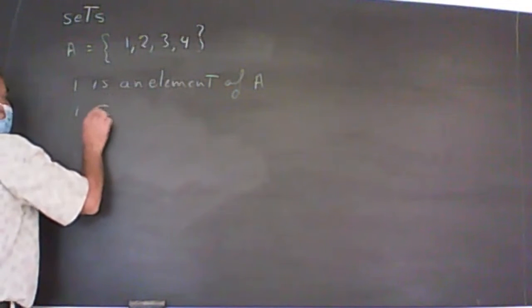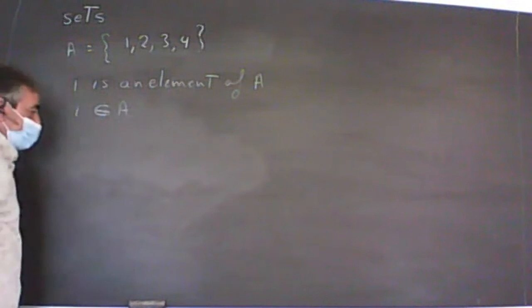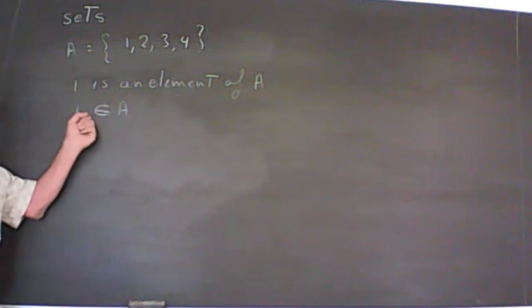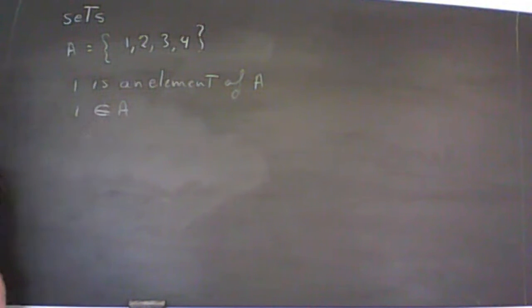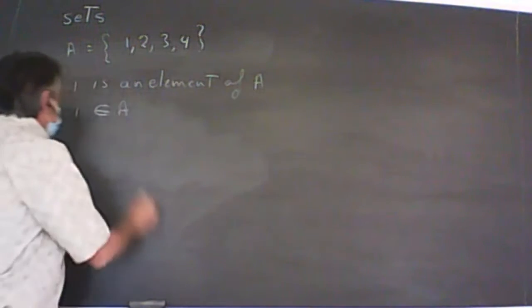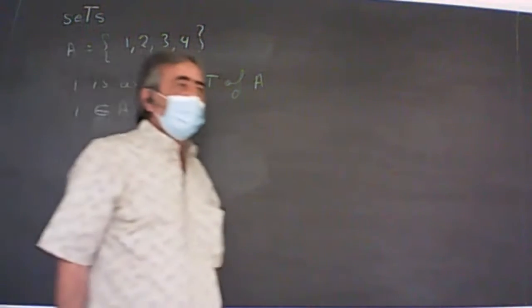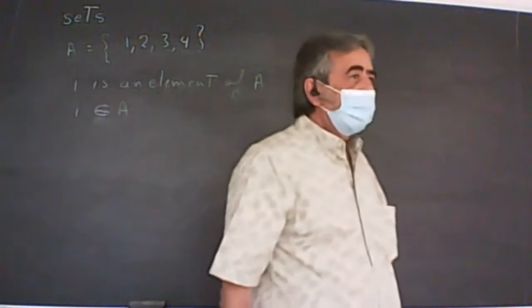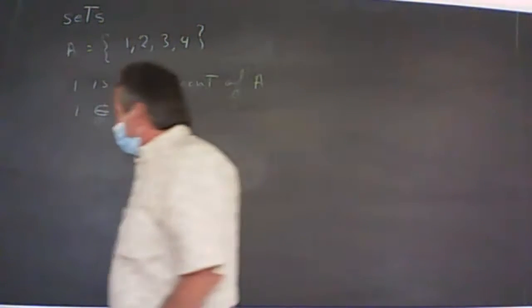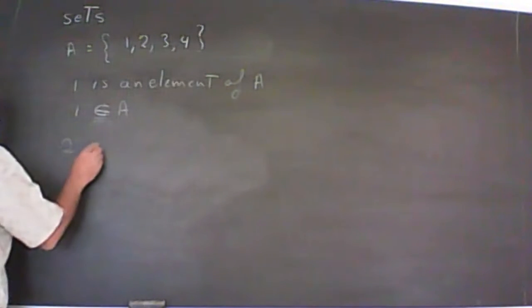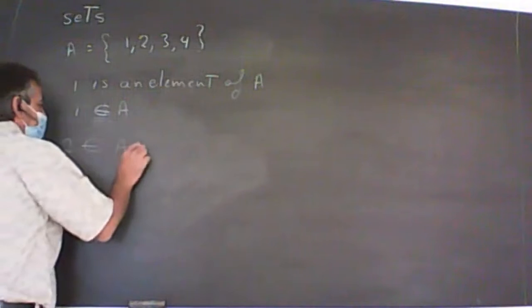I say 1 is an element of A. We use this symbol to represent the elements of a set. So we can say 2 is an element of A.